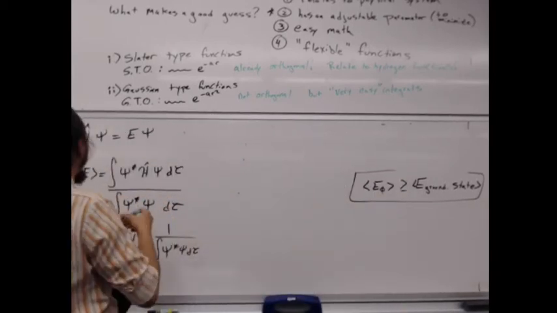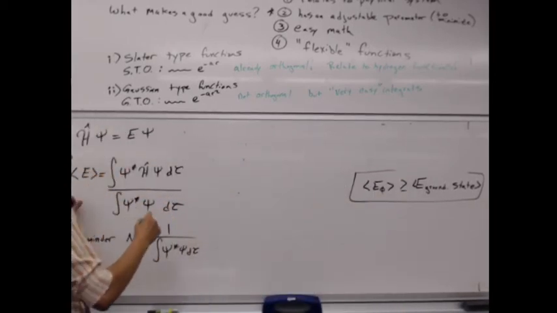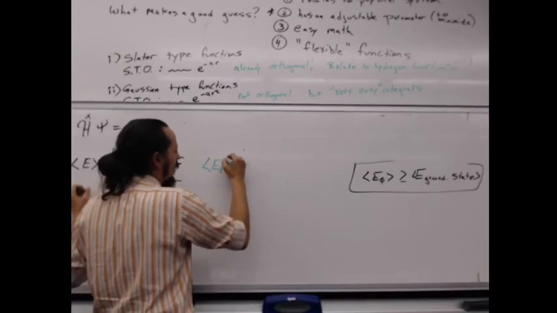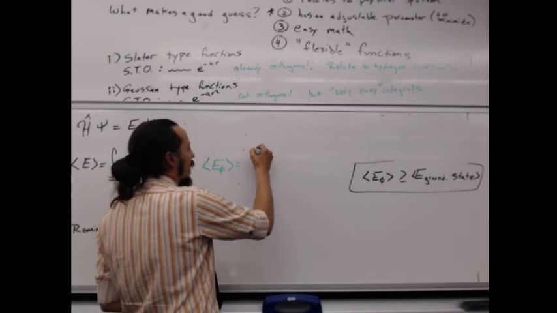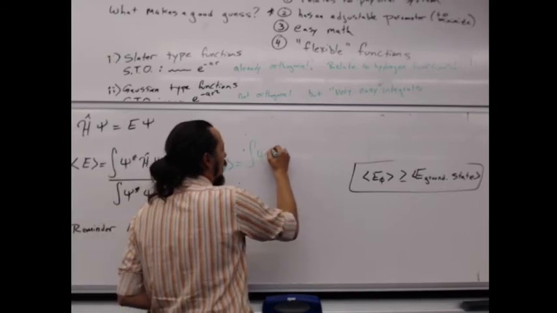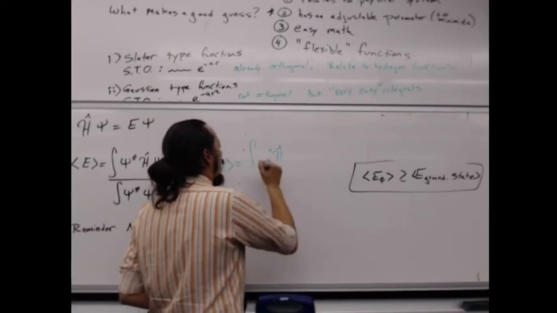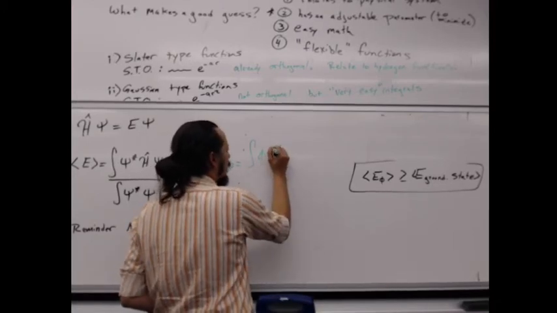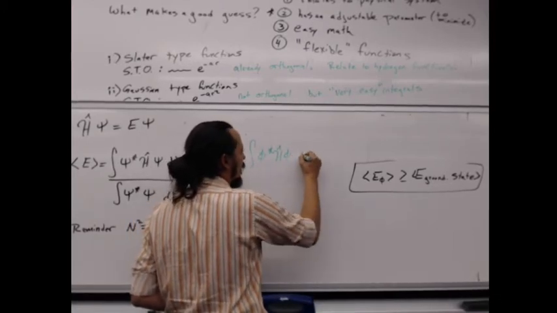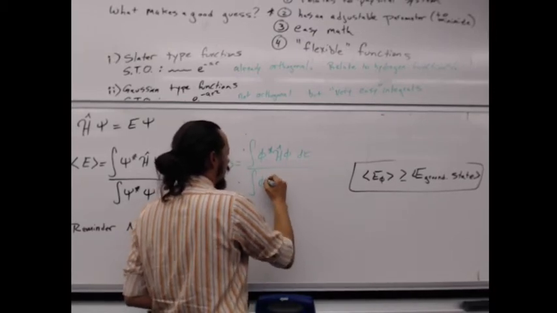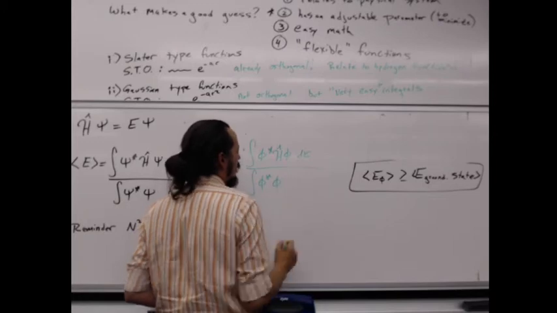And it's going to be related to E phi is equal to the integral phi star h phi d tau divided by the integral phi star phi.